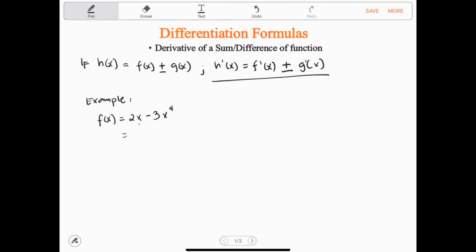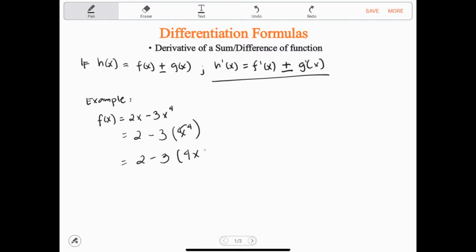The derivative of 2x is 2 minus the constant 3 and find the derivative of x to the power of 4. So it's going to be 2 minus 3. Find the derivative of x to the power of 4. So it's going to be 4x, then subtract the exponent by 1.